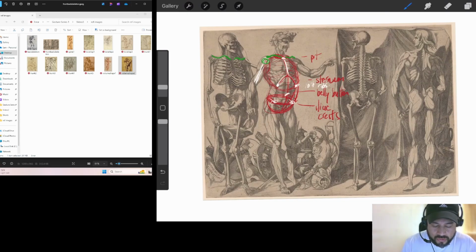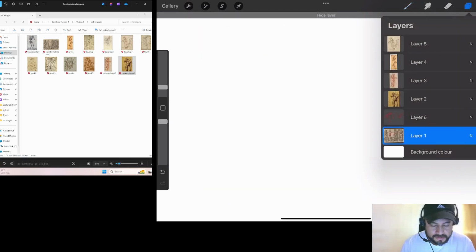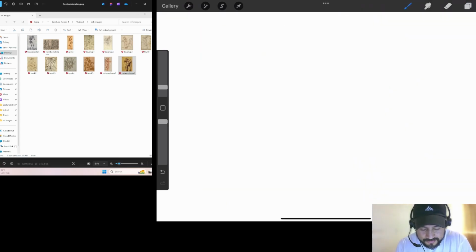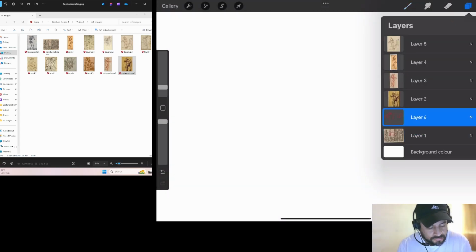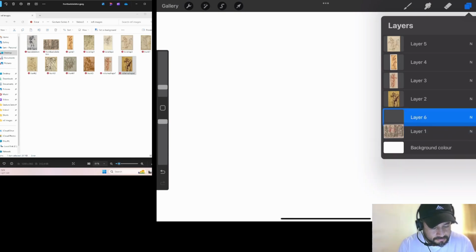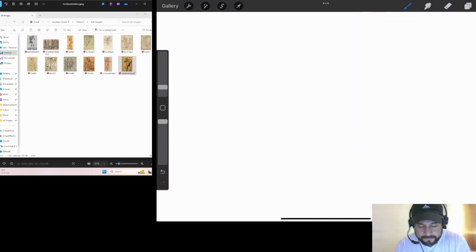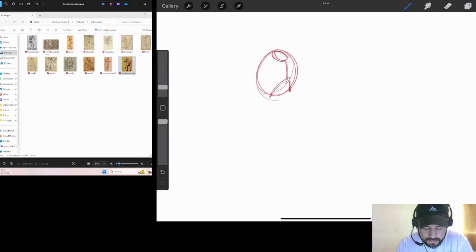Okay, now I was going to mention this humerus bone. I'll go to the side. So if you've got the ribs, we got the rib, sternum, 10th ribs.